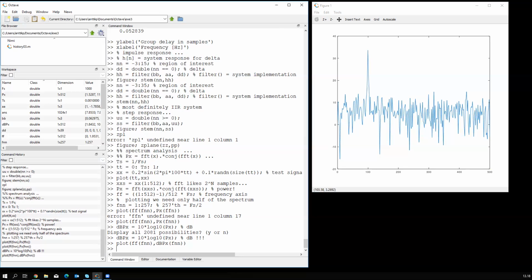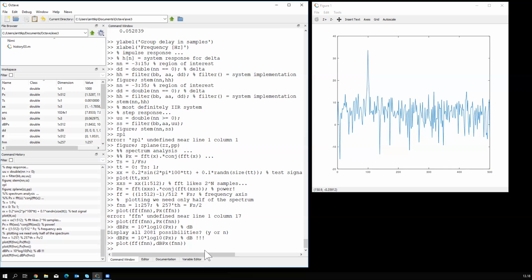At 100 Hertz, we have this peak and then a flat spectrum. So that is one frequency plot.